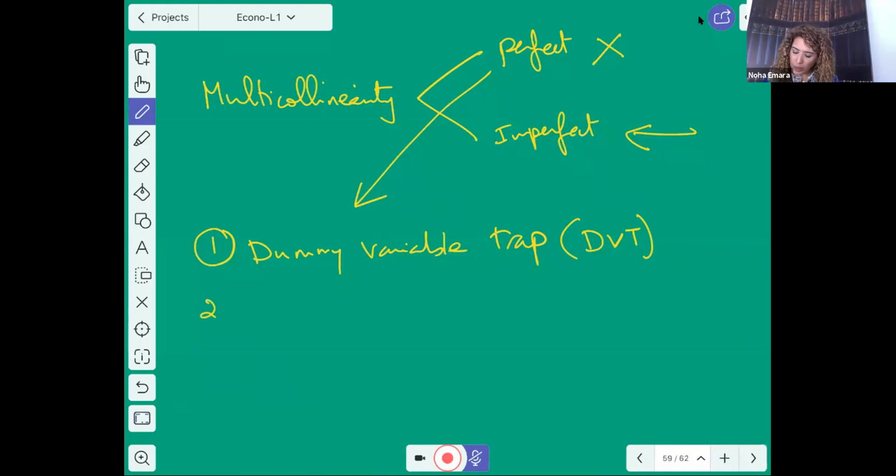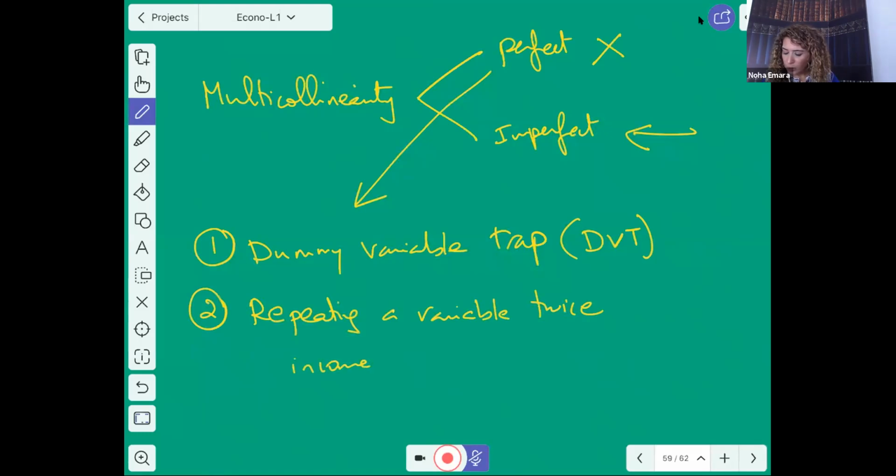The other thing is I can make a mistake by repeating a variable twice. So I have a model in which income depends on age and age.